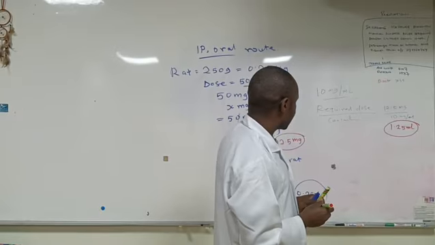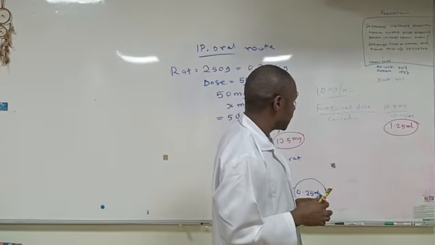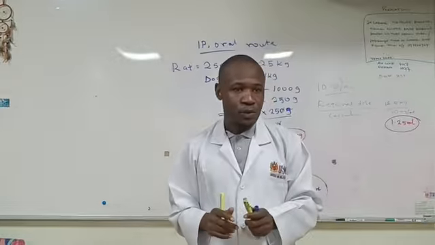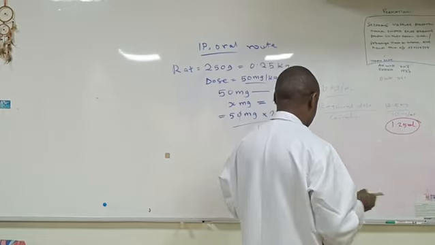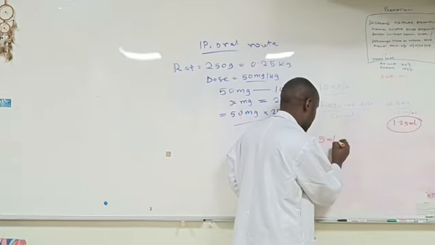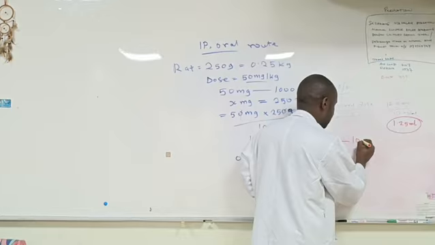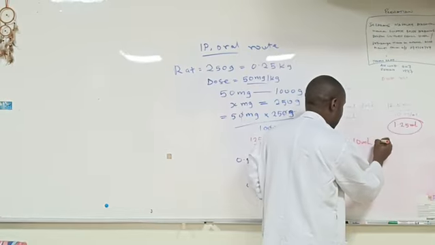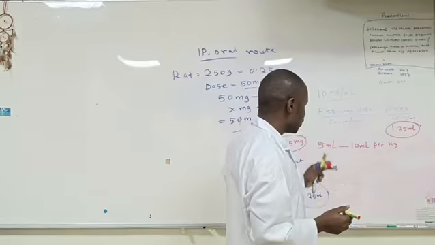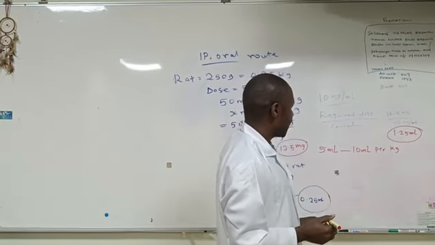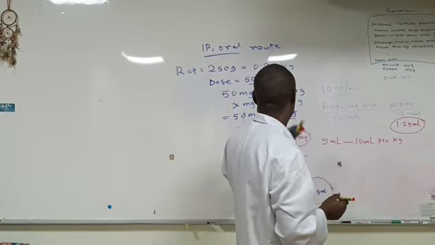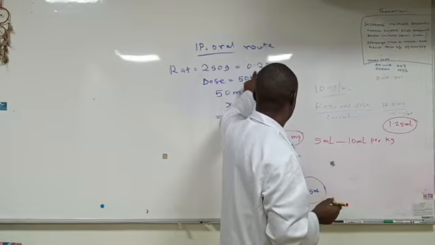And you can also consider the recommended oral gavage volume, which is between 5 ml to 10 ml per kg. So let us now consider this and see if this particular volume falls within that range.